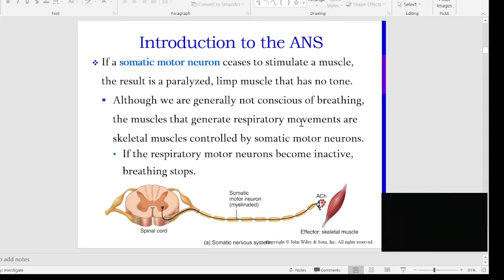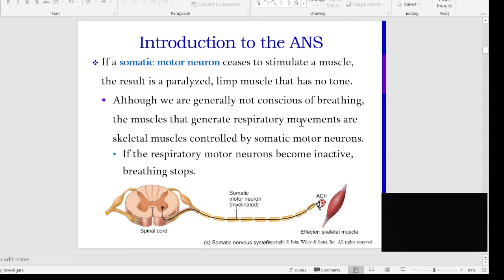Let's take for example, if the somatic motor neuron ceases its function, what will happen to the muscles? Of course, the muscles will become paralyzed, because they need to be voluntarily controlled, with a signal coming from the cortex.